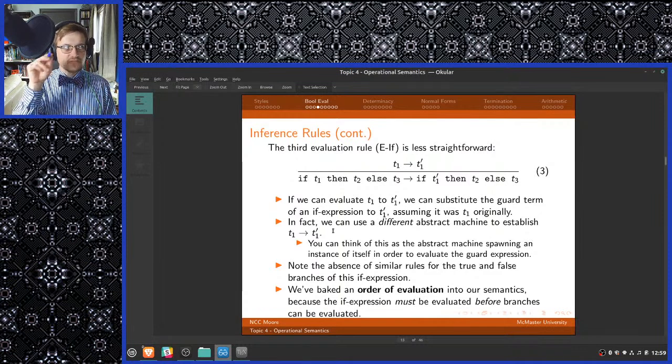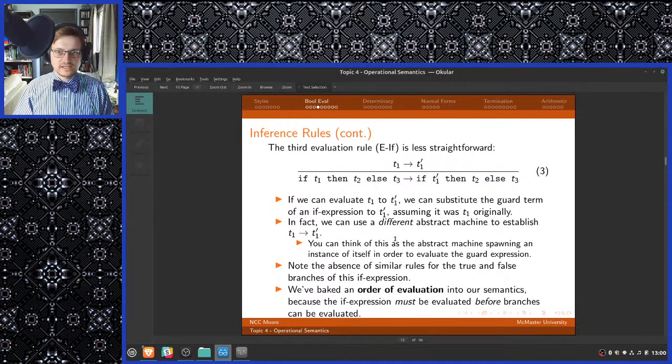That's how you get from T1 to T1 prime. You need to create a new instance of the evaluation expression that will bring you there. Once you've done that, you can perform your substitution.